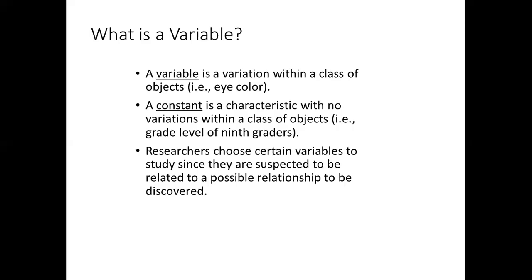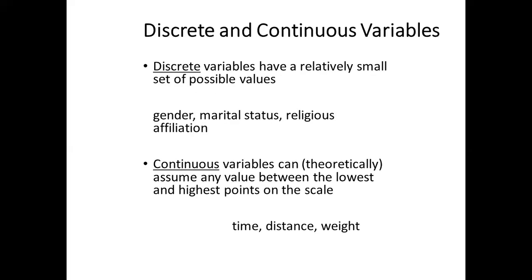Researchers choose certain variables to study since they are suspected to be related, a possible relationship to be discovered. That is why it's very important that we understand variables when we need to design a study.